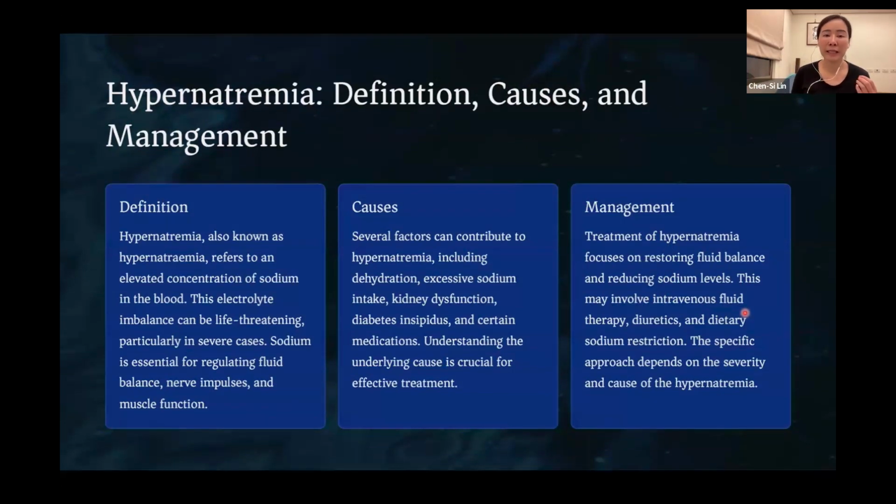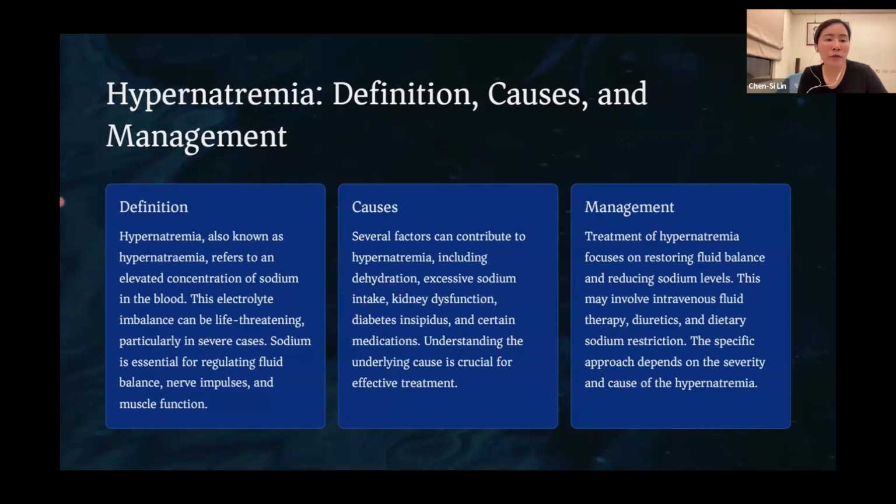We need to know if they lack some specific electrolyte, or if some specific electrolyte is already higher than the normal range, and then we need to do tailored fluid therapy to make the animal go back to a healthy condition. So always fluid therapy, but we need to know the condition and adjust. We need to make specific fluid therapy.